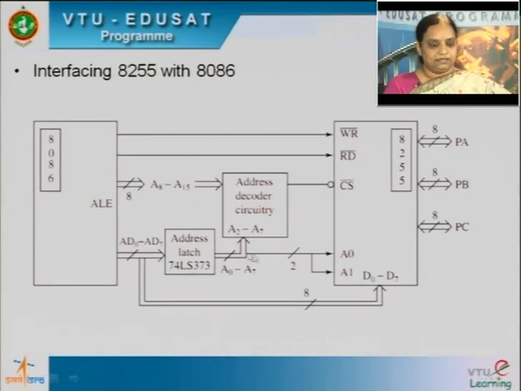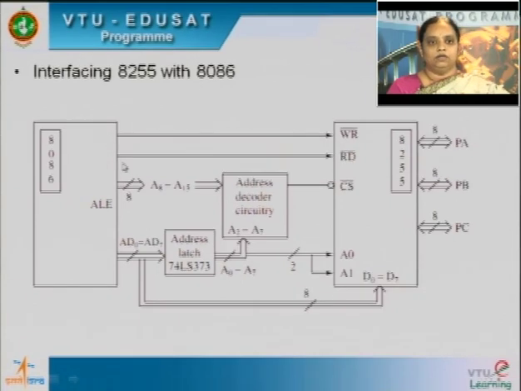Now this is your basic circuitry wherein we are interfacing the 8255 to 8086 or x86 processors. So we need the 2 control signals, write bar and read bar. As I said, these will be connected to memory read or memory write, or IO read or IO write, depending on the mapping.